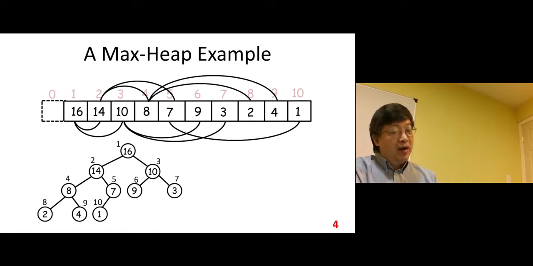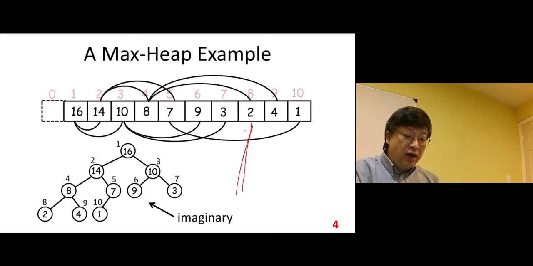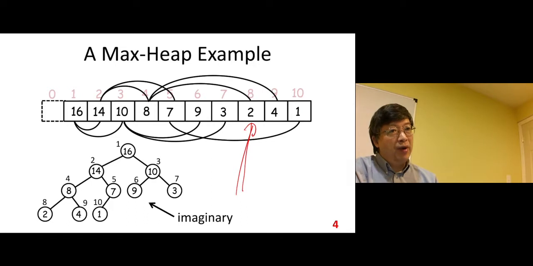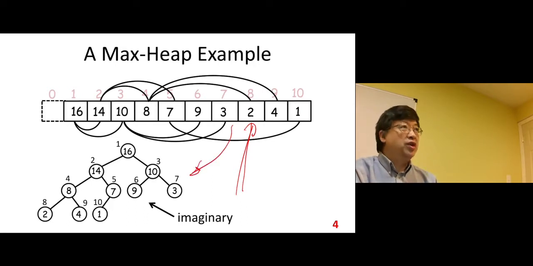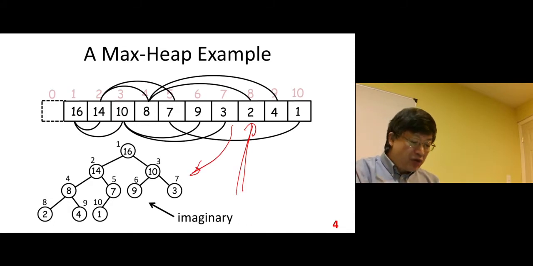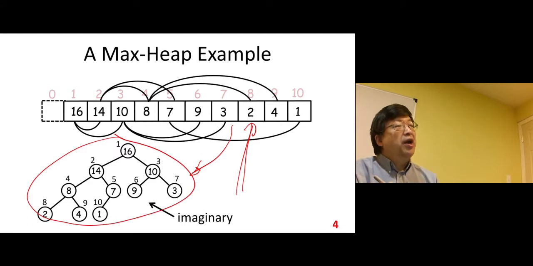But this binary tree is imaginary. So you won't see it. Nobody will see it explicitly. What we can see is just an array in that way. But we can do the translation easily. Straightforward translation. So after the translation, you can see a nearly complete binary tree.